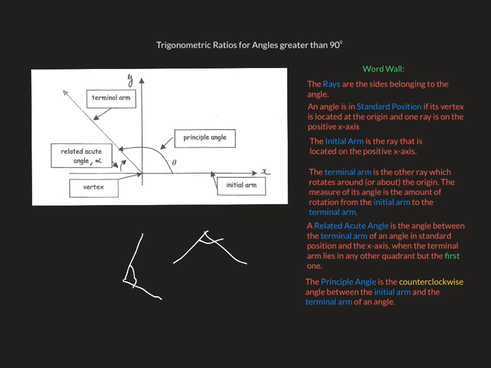So these would be the two sides here, one ray here, one ray here. These two rays, which are the sides, are the ones responsible for making this angle.